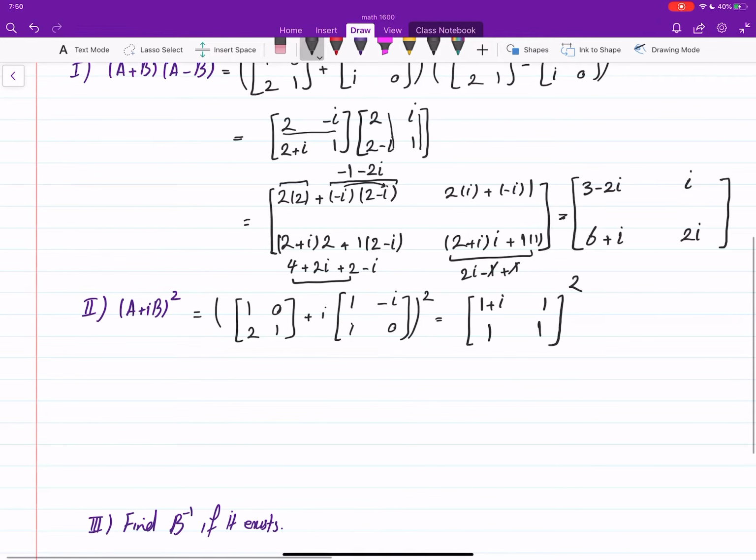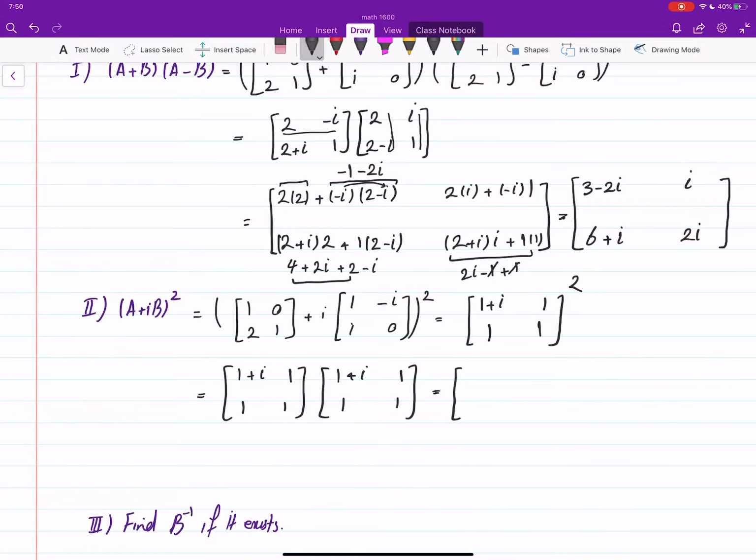Now I have a matrix with complex entries and I want to multiply it by itself. As you can see here, 1 plus I times 1 plus I, first row, first column, plus 1 times 1.